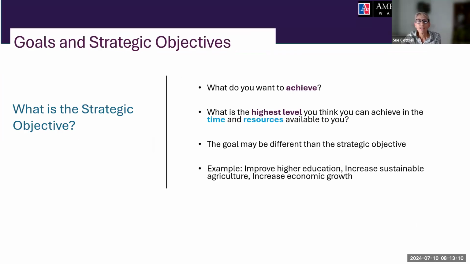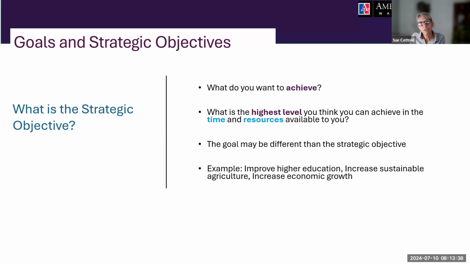Next, you identify your goals and strategic objectives. So a lot of people can interchange goals and strategic objectives. I do that. And in this, I tend to focus on using the word strategic objective, but they're very similar. A goal is like a broad, long-term outcome that is reasonable to achieve within a specific time period.